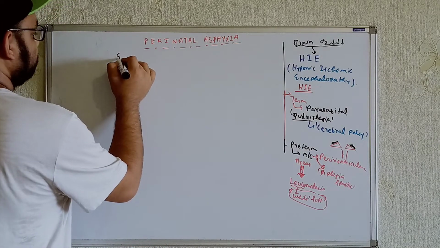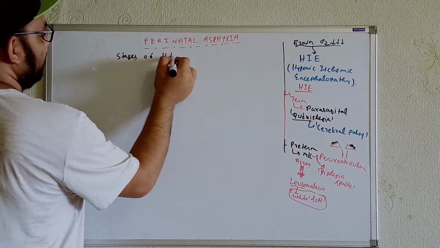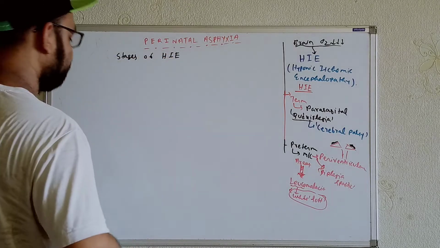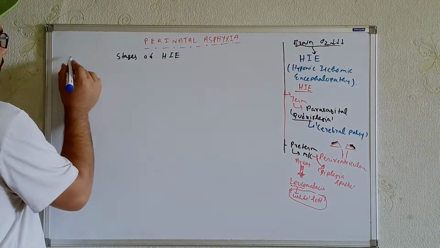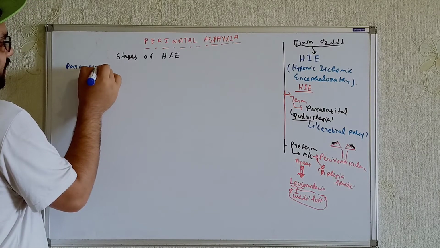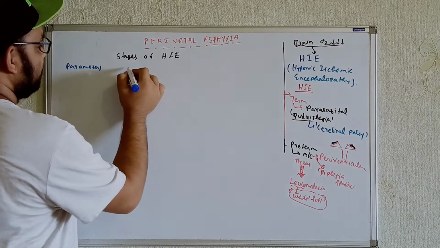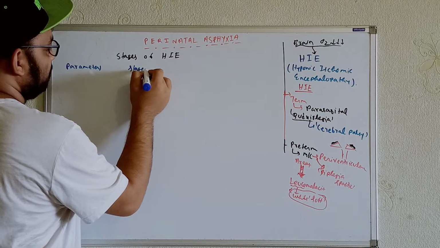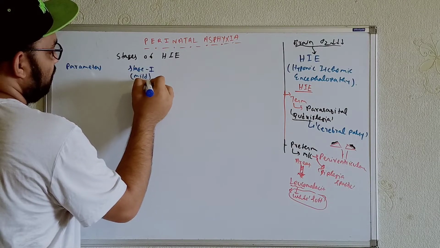Stages of HIE. Okay. Now first we'll write it over here the parameter, the thing we are comparing among the different stages of HIE. The first, stage 1, is known as the mild stage also.